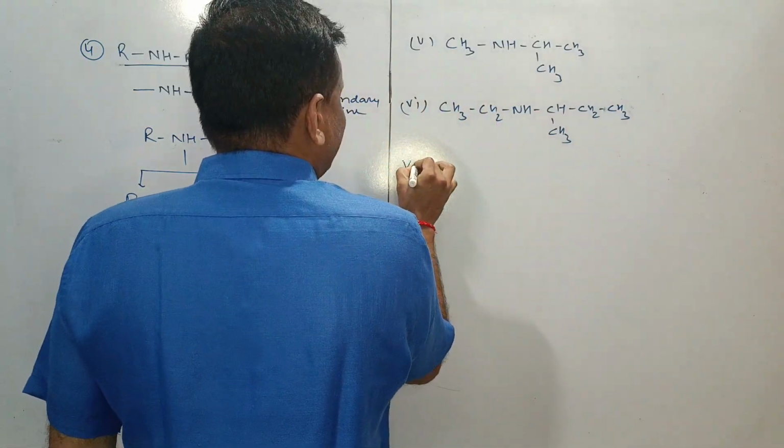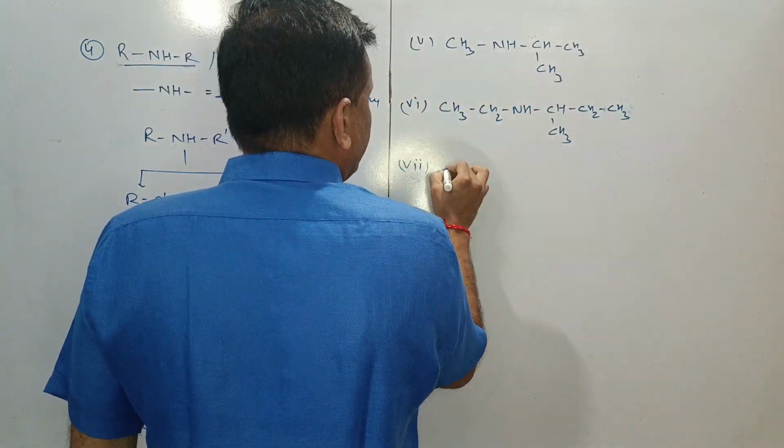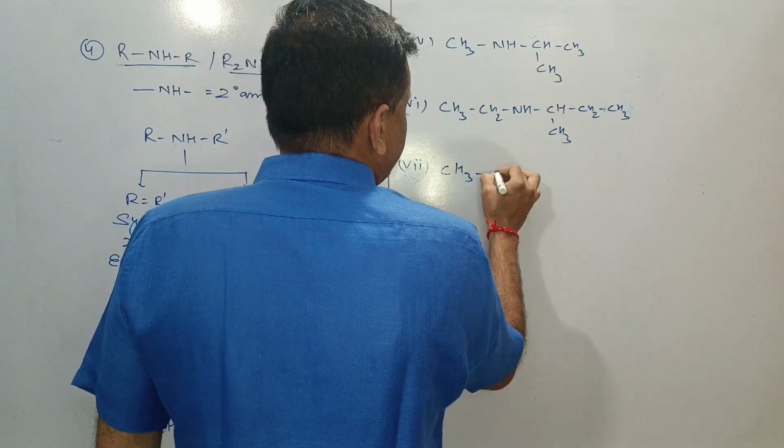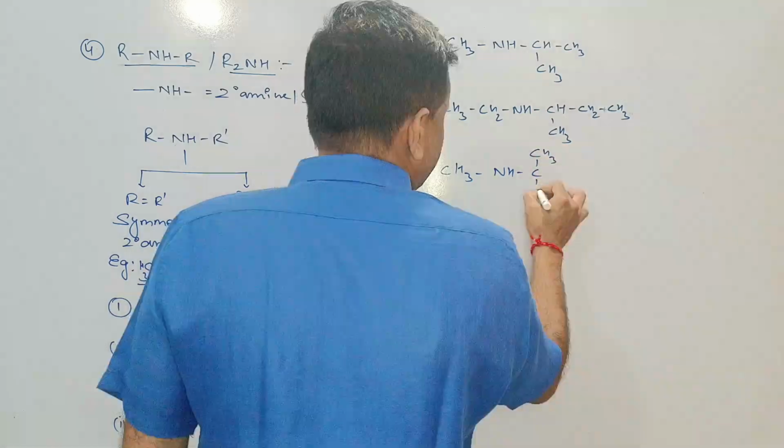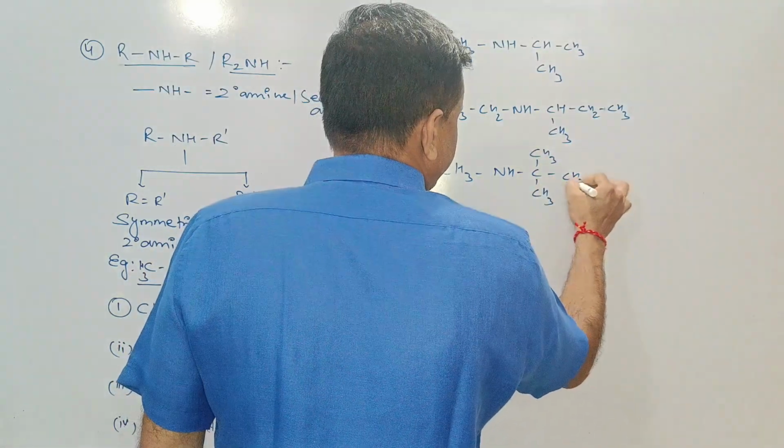If you go with the next example, 7th, then this is the CH3, this is your NH, this is the CH3 and CH3 and CH3.